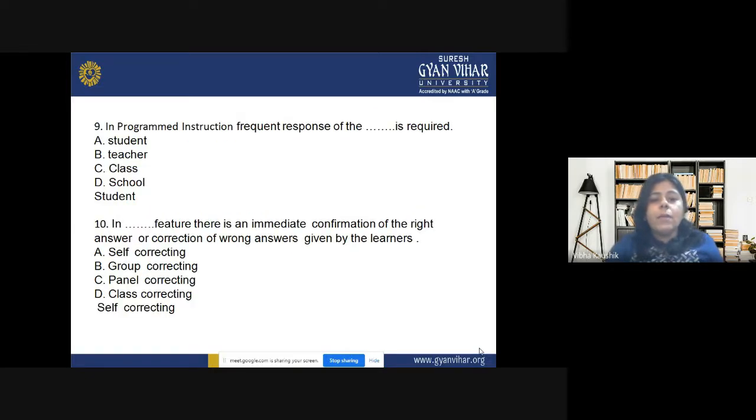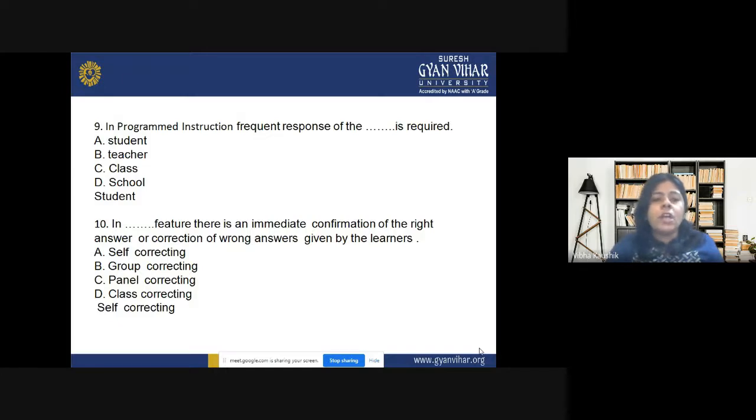Now the ninth one, in program instruction, frequent response of the dash is required. In program instruction, whose frequent responses are required or needed?